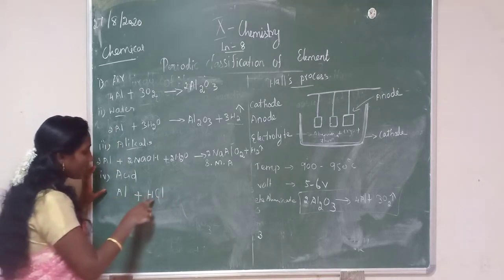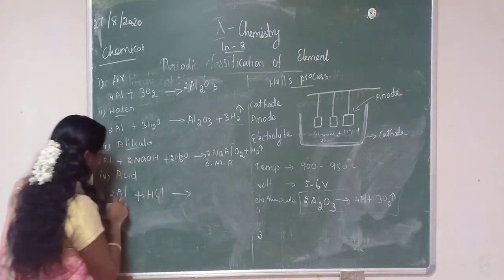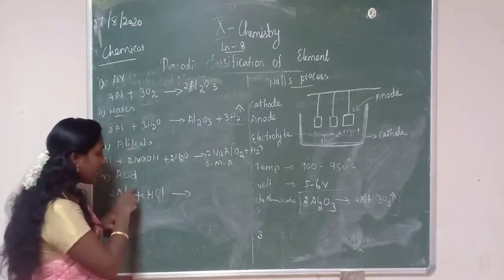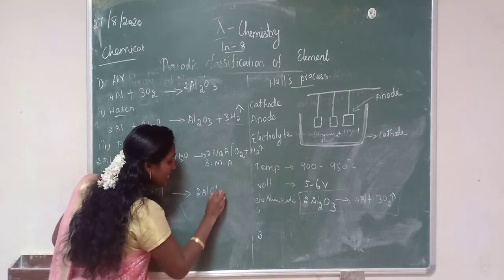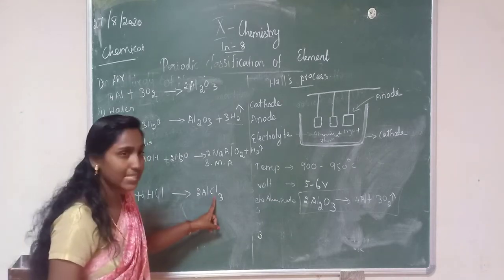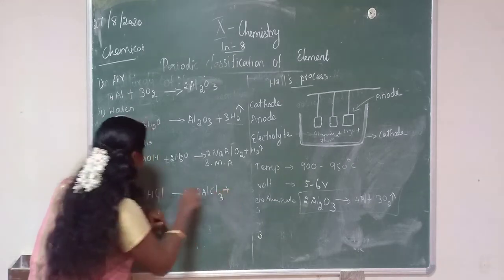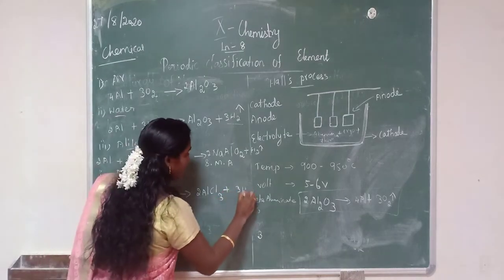When aluminium reacts with HCl, we will get aluminium chloride, AlCl3. The remaining hydrogen will be liberated as a gas.